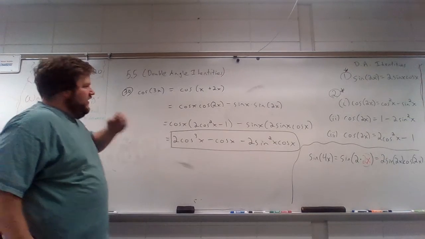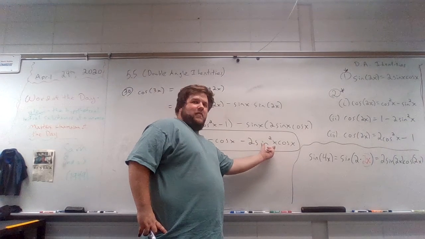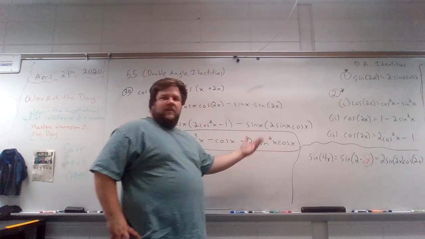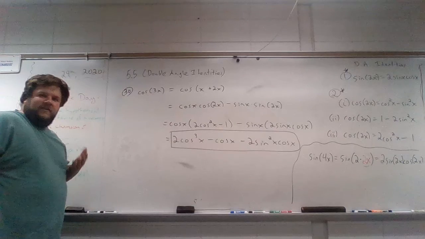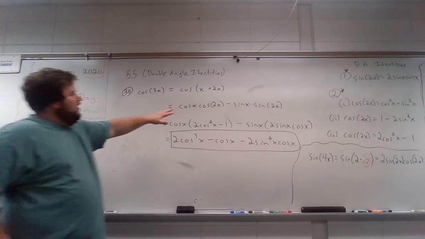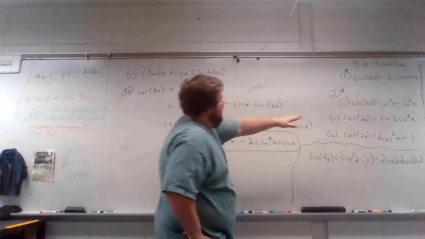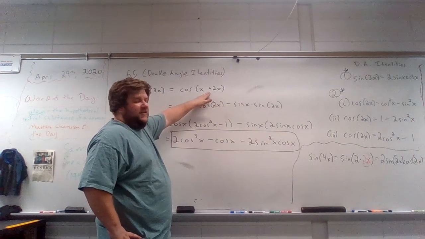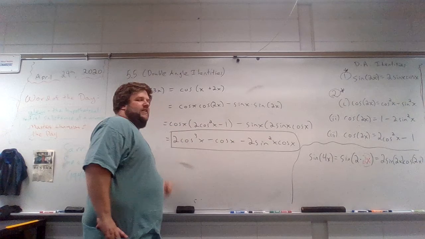What I'm saying is, with the sine squared, I could have put a 1 minus cosine squared in there and then continued simplifying. For me, personally, it's okay. There are different ways to write these answers. This is the main idea, though. I want to use some kind of double angle identity, or some kind of sum identity, simplify it, and that's all we're after, really.